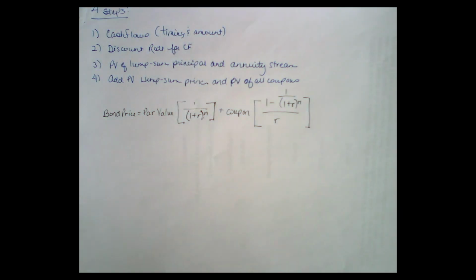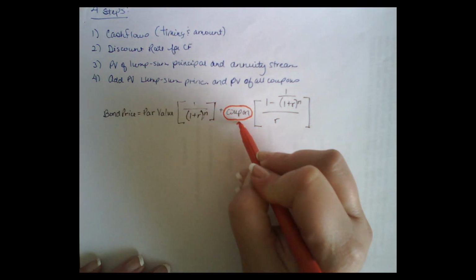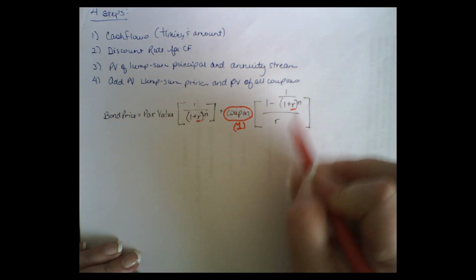Now let's look at the formula in detail in terms of these 4 steps. Number 1, lay out the timing and the amount of the future cash flows promised. That is taken care of when you identify the coupon rate. The second step is to determine the appropriate discount rate for the cash flow, and that is the r in our formula.